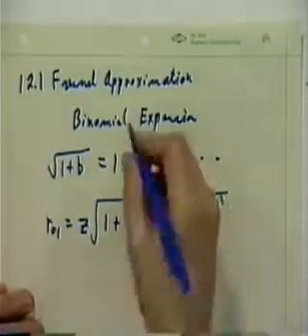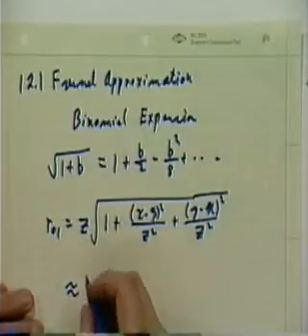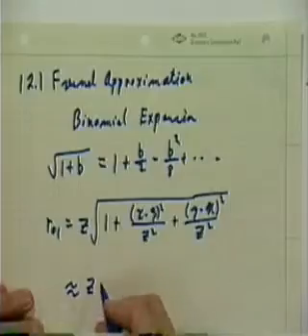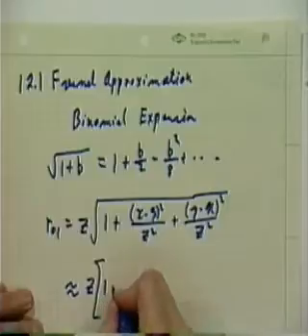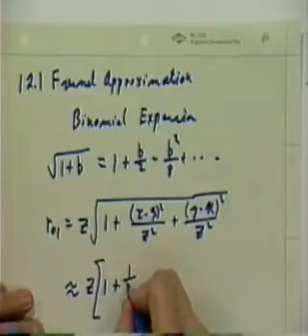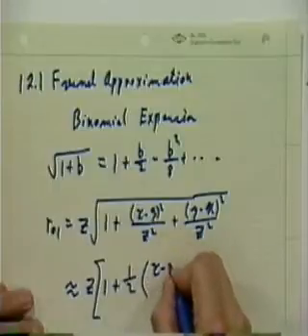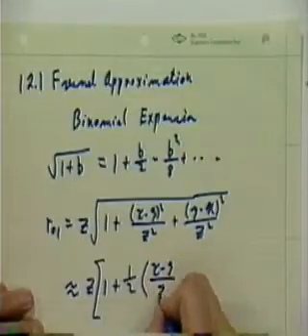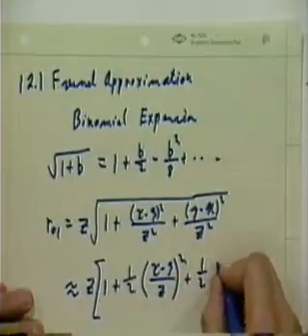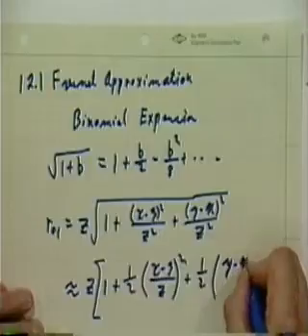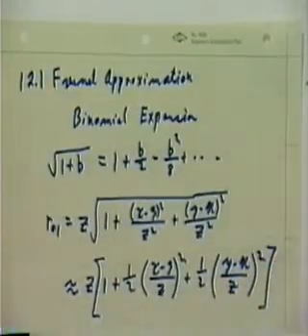And then we use our binomial expansion here. And we say, well, that's approximately equal to z times 1 plus 1/2 x minus squiggle over z squared plus 1/2 y minus eta over z squared. And we'll forget the other terms, okay?